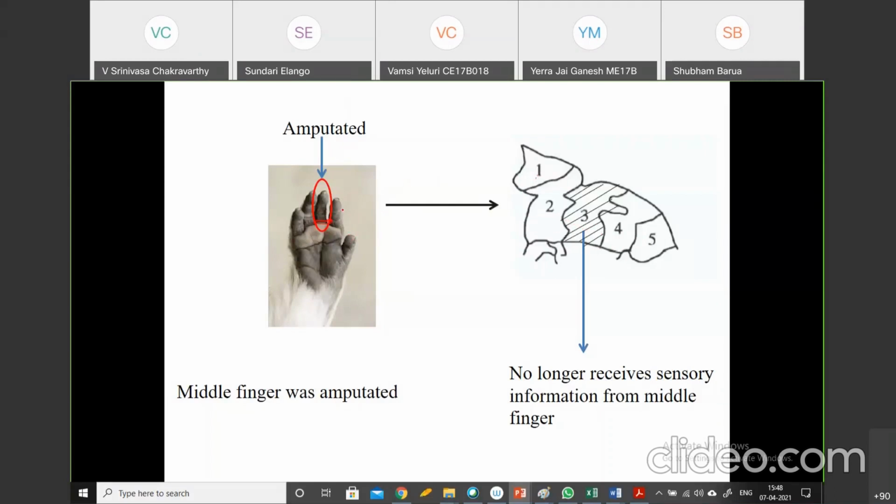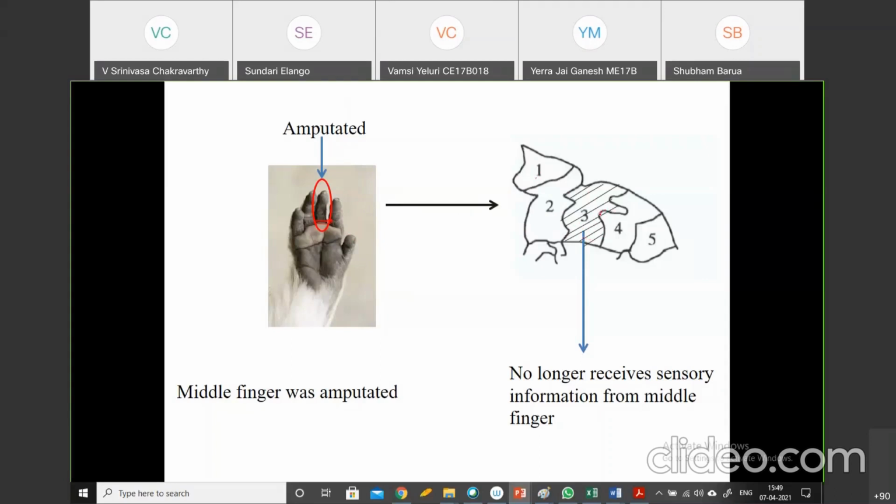The index finger still continued to produce responses in area 2. But there was no middle finger, so you cannot give stimuli there, and therefore there is no response. The neurons are still intact because they are alive, but the finger which was sending information there was cut off, so the neurons were not getting any signals.